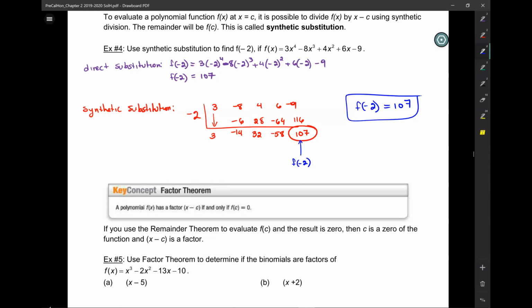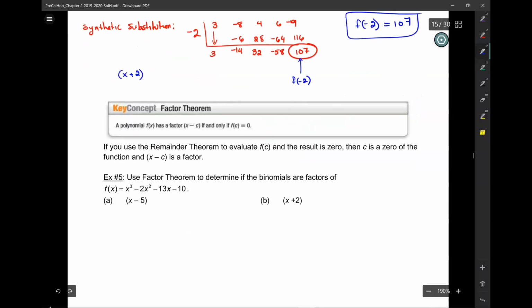What would it tell you about negative 2? Okay, x plus 2 is a factor, and if x plus 2 is a factor, negative 2 is a 0 of the equation. All right, so that's the factor theorem.